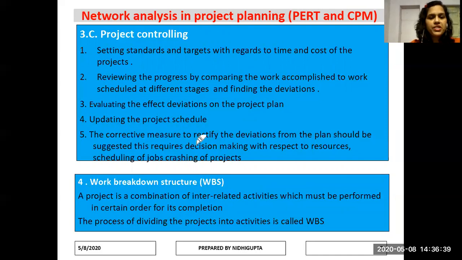Corrective measures to rectify the deviation from the plan should be suggested, which requires decision making with respect to resources. Scheduling of job crashing means the time within which we can complete the project by paying some extra amount, so that the project is completed and our public is not interrupted or does not fall into problems.